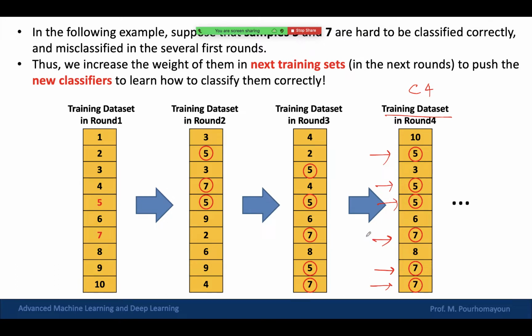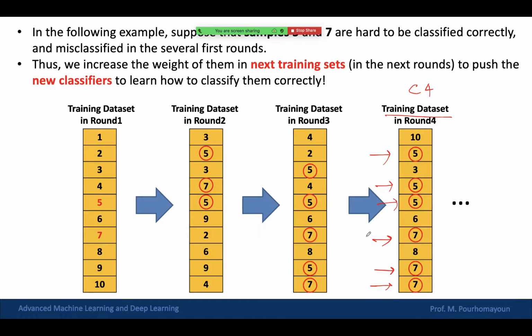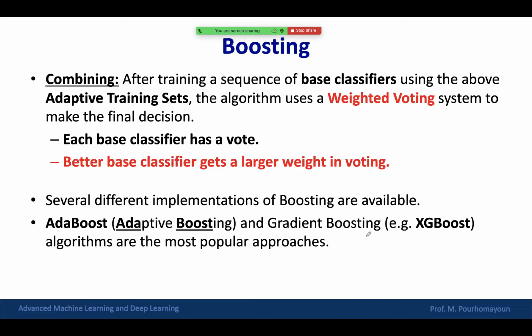So this was only the first part of boosting. The second part will be weighted voting. We have 4 classifiers that are trained now, but we don't just combine the results by a simple voting. We do weighted voting based on their performance. The classifiers that did better in prediction, we give them better weights to make the final decision.